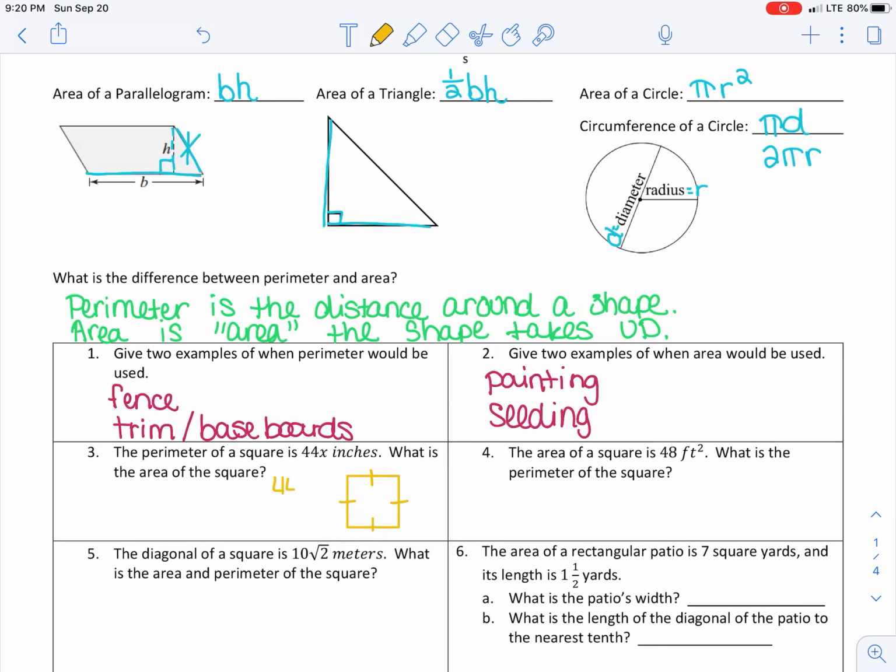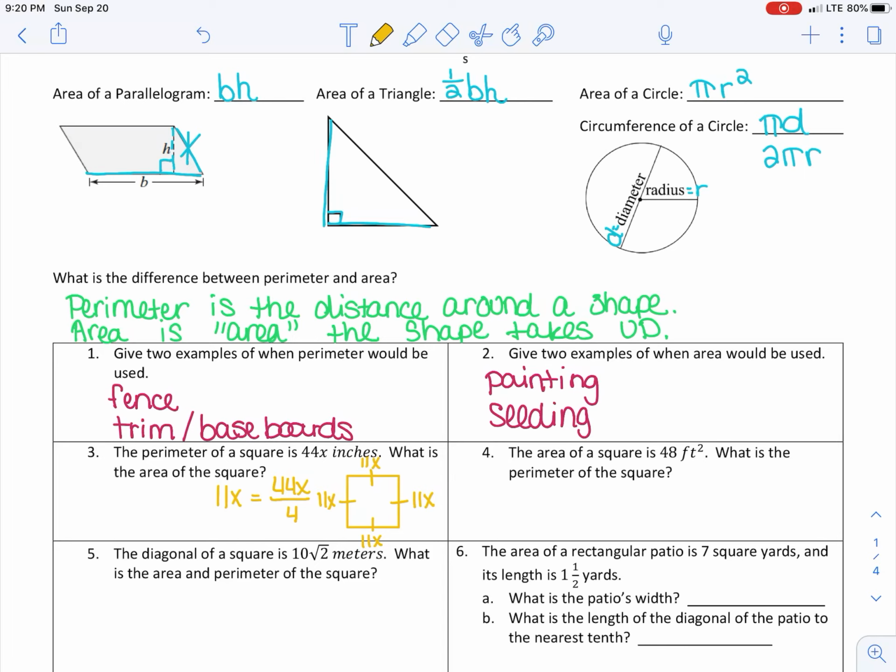So if I know that my perimeter is 44x, and I have 4 sides that are all equal, I can divide 44x by 4, because I need to know what each specific side is. 44 divided by 4 is 11, and I leave that x there. So each of these sides is 11x.